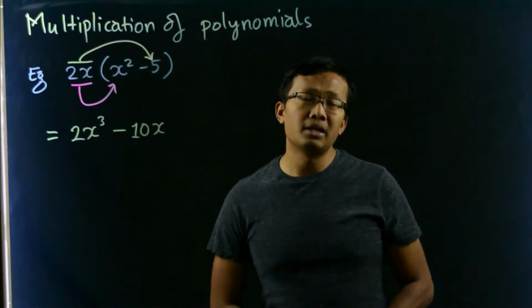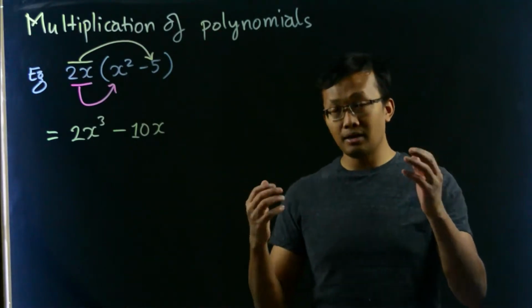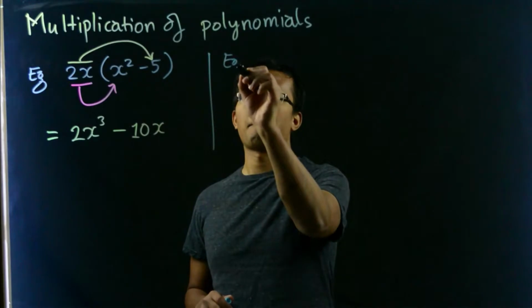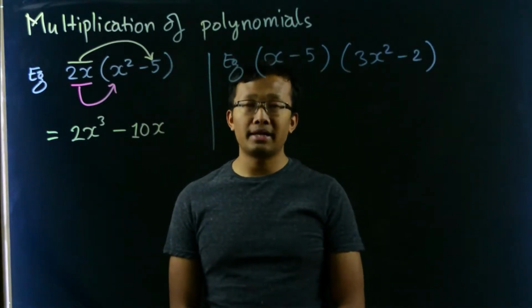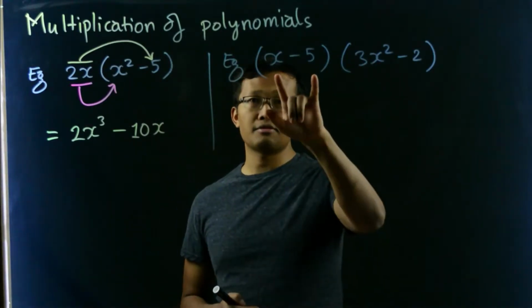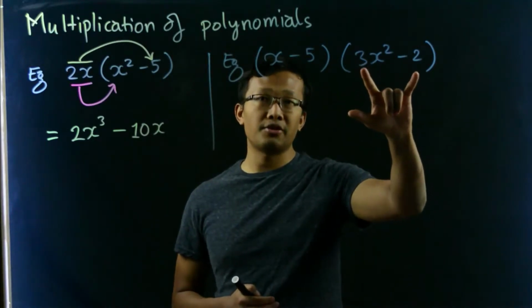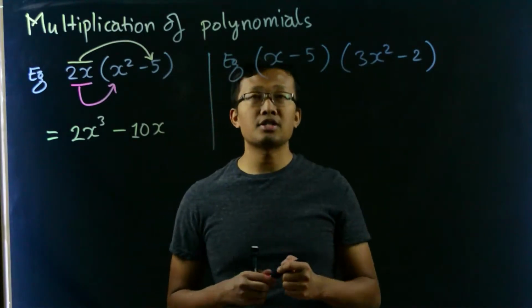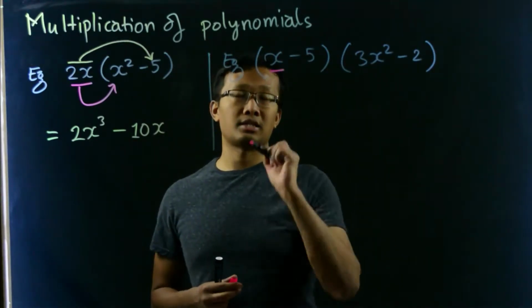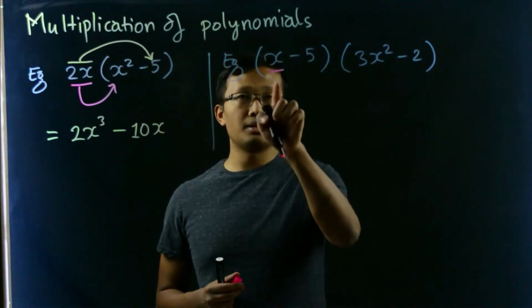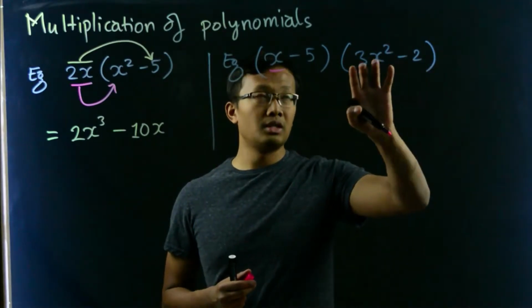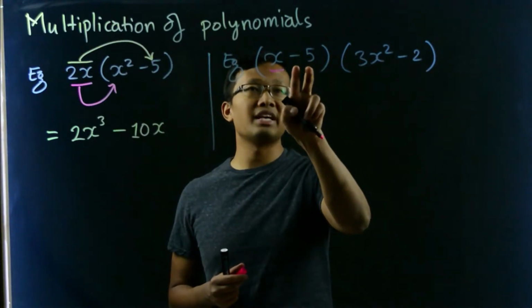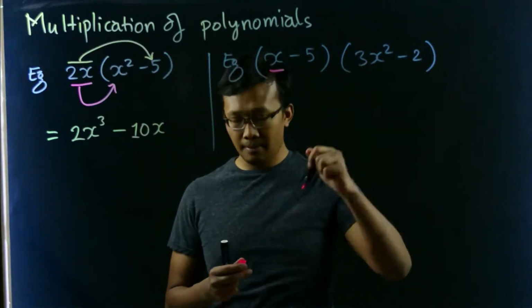Now let us multiply a binomial by a binomial. Let's take an example. Let us multiply a binomial x minus 5 by another binomial 3x squared minus 2. Let us first multiply x with both of these terms, and then again we will use negative 5 to multiply with both of them.